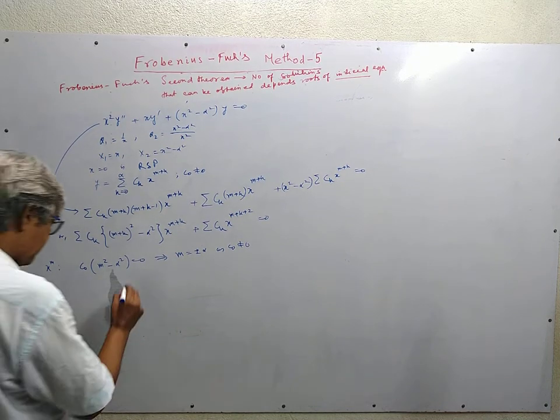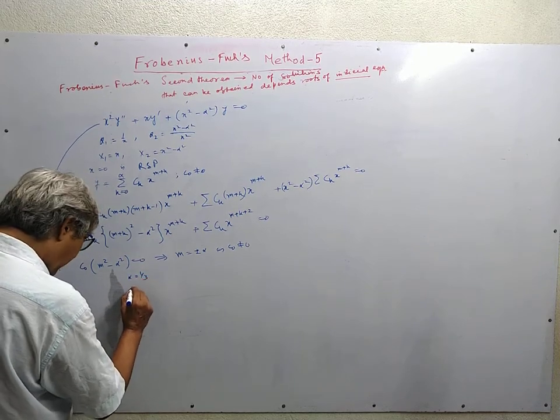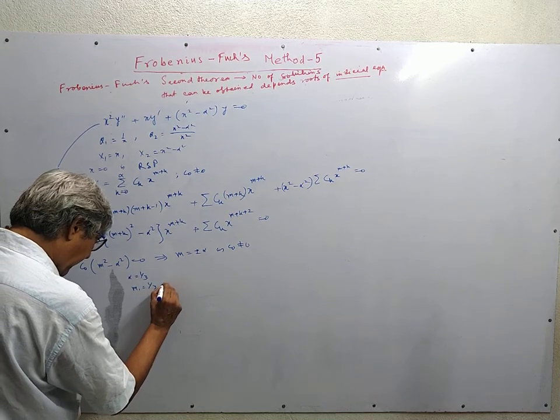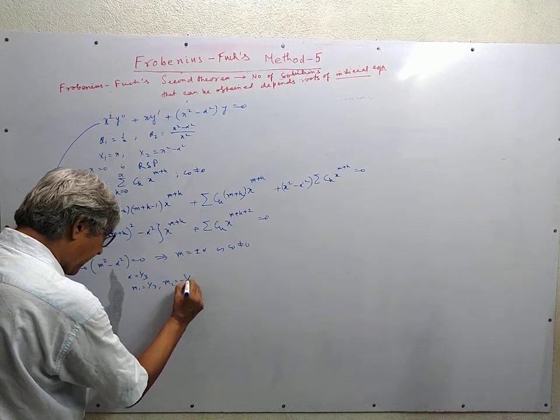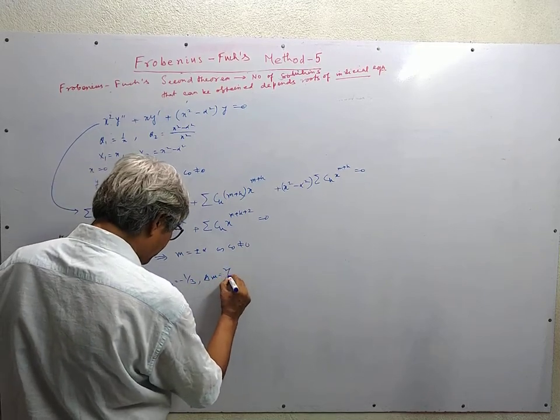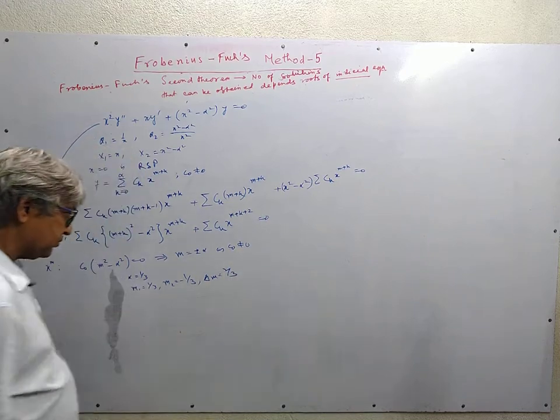In this case, alpha can be anything. Say alpha is 1/3. Then m1 is equal to 1/3 and m2 is equal to minus 1/3. So delta m is equal to 2/3, which is not an integer, so we can get both the solutions.